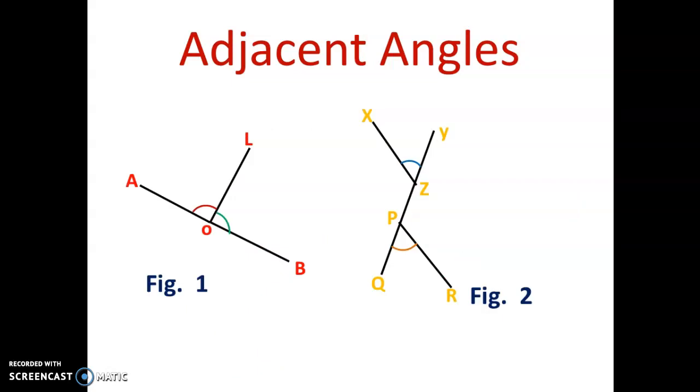By understanding what adjacent angles are, we can find out in these 2 figures, figure number 1 and figure number 2, which figure is making adjacent angles and which is not.